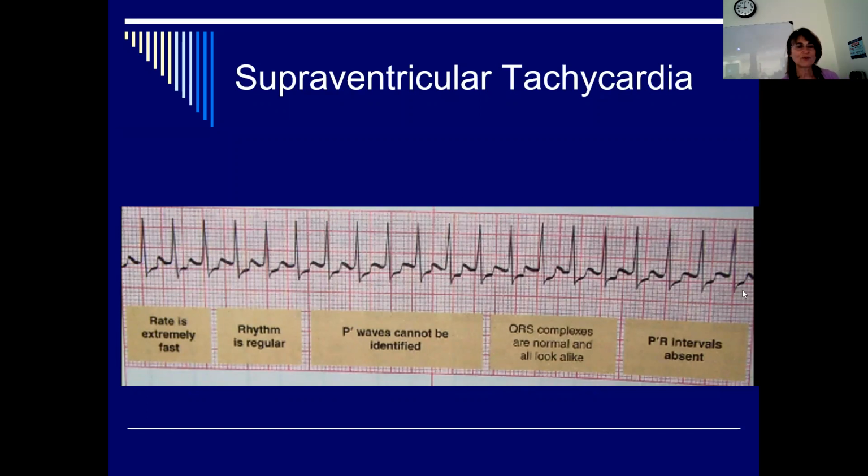You have a really fast rhythm. How do we know that the rhythm is starting somewhere in the atria? And the answer is, because the QRS is normal. All right, I'll make it a question.